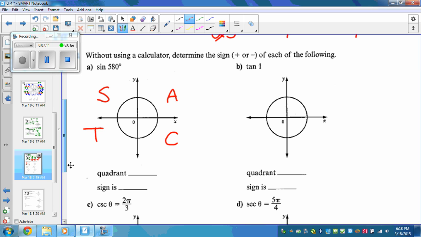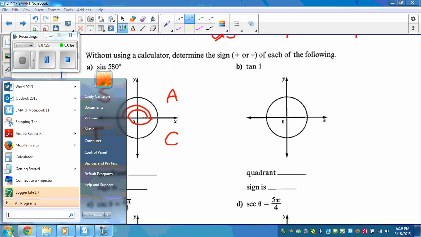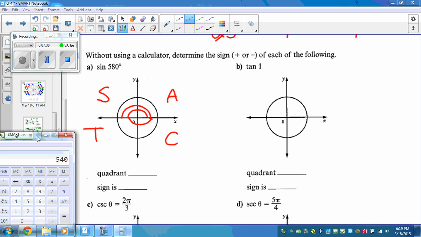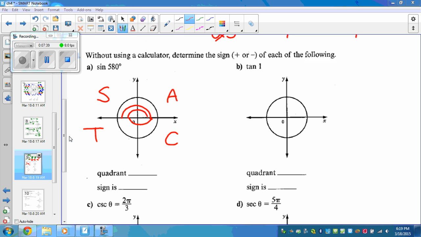Okay, so 360 would be going around once. 360 plus another 180. Is that going to be enough? 360 plus another 180 only gives me 540, but I need 580. So I need an additional 40 degrees.